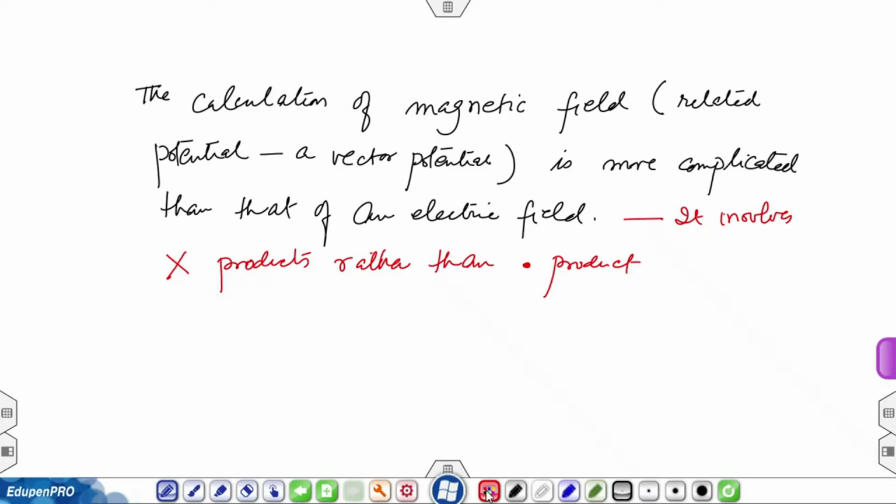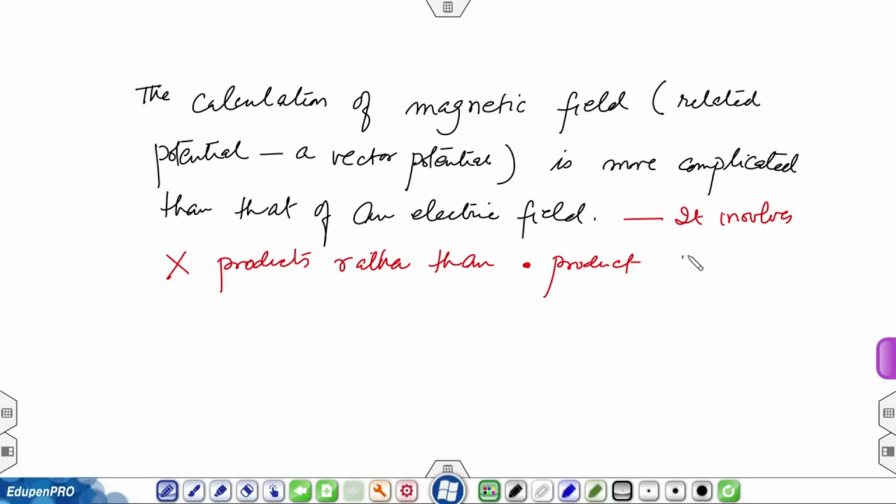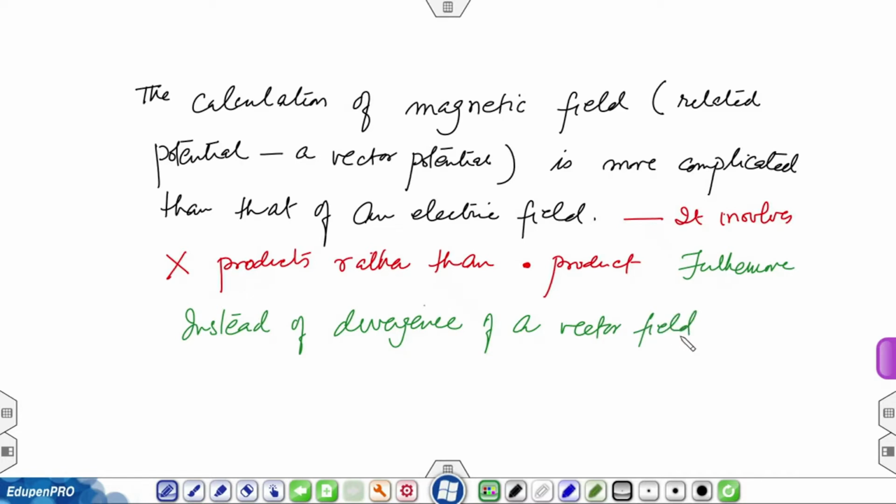Furthermore, instead of divergence of a vector field, in case of magnetostatics, here we deal with curl of a vector field, and that also makes it a little more complicated.